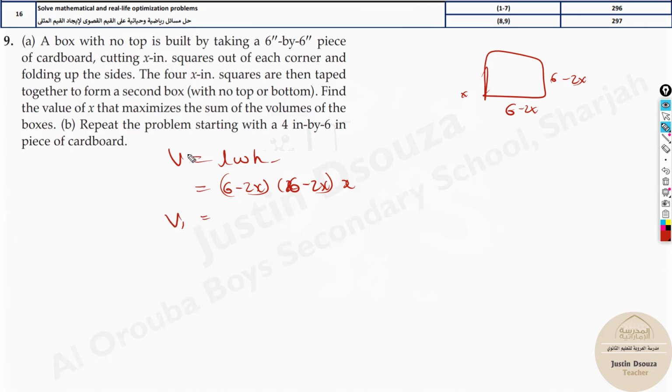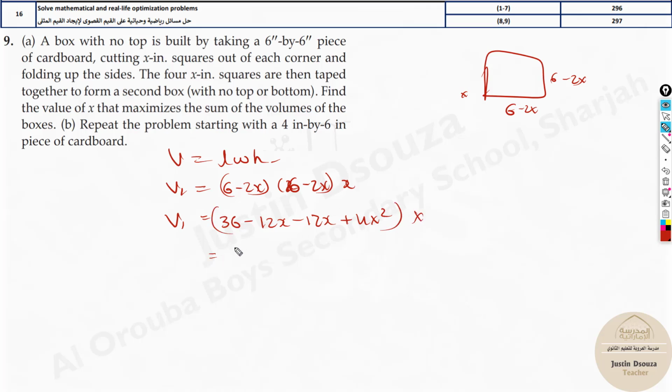Now this is the first box. I'll consider this as V1. What I'm writing over here is basically V1 for this box. Now let me multiply this. 6 times 6 is 36 minus 12x plus 4x squared, times x.